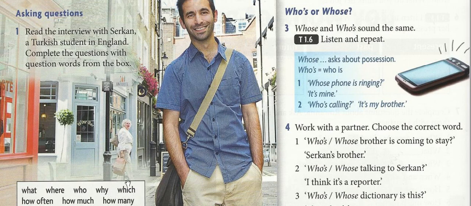Yes, so if you remember, I told you that basically we use which and not what when you have a limited list, that is limited choice, right? For example, which pen is yours, the blue one or the red one? Okay.